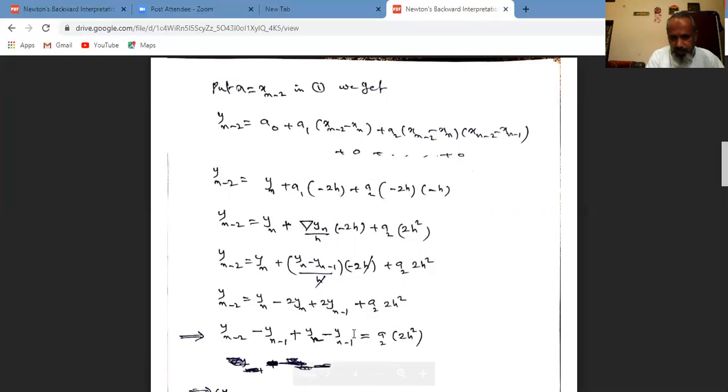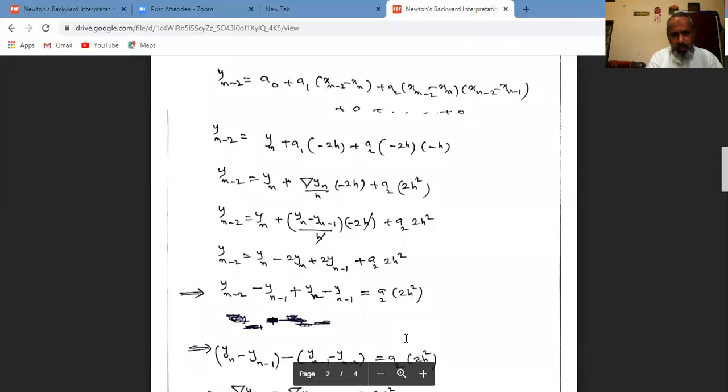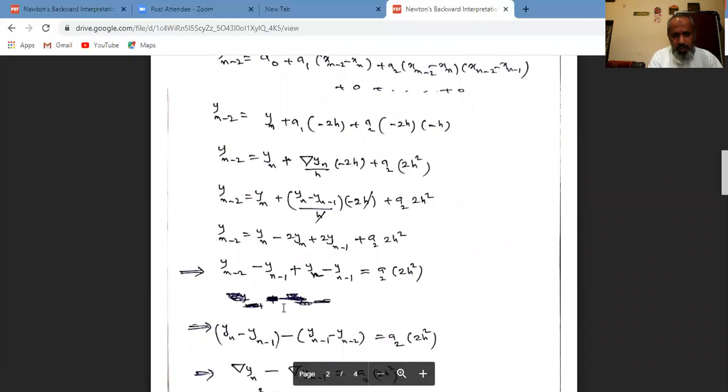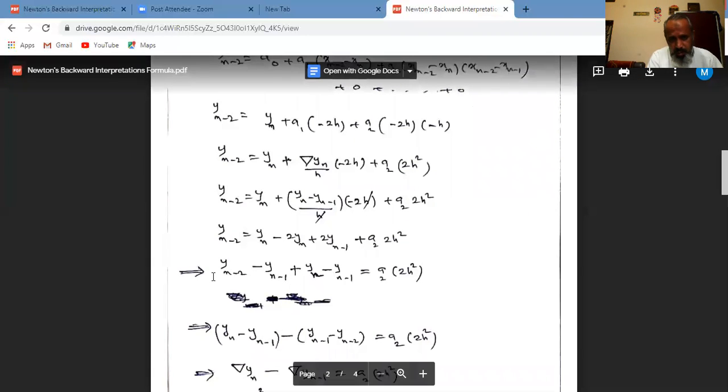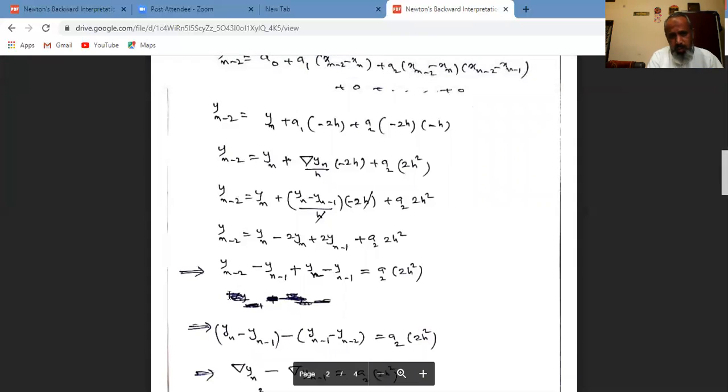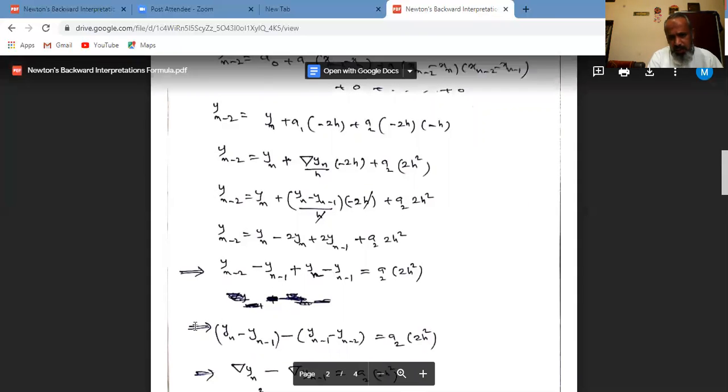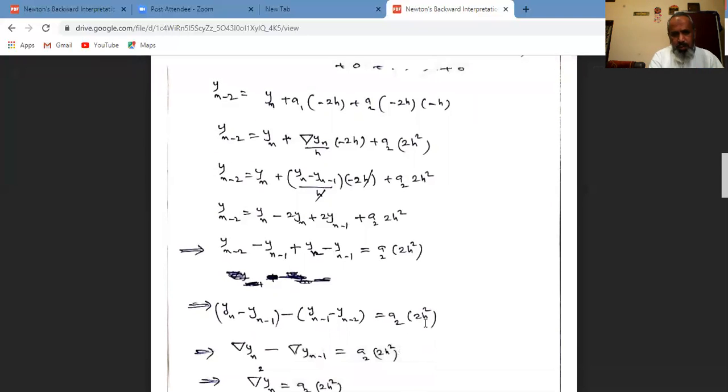If we bring this to the left side, it becomes y(n-2) minus 2y(n-1) plus yn is equal to a2 into 2h square. I am rearranging the terms. This can be written as yn minus y(n-1), minus of y(n-1) minus y(n-2). So these terms can be rearranged like that. So this is equal to a2 into 2h square.